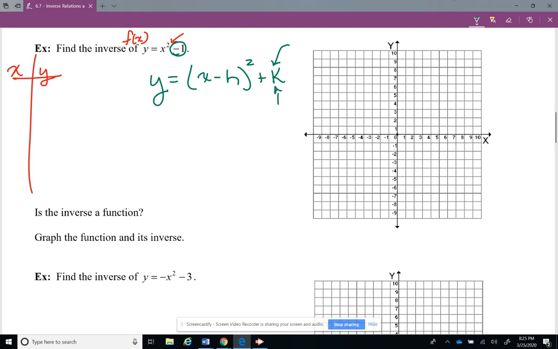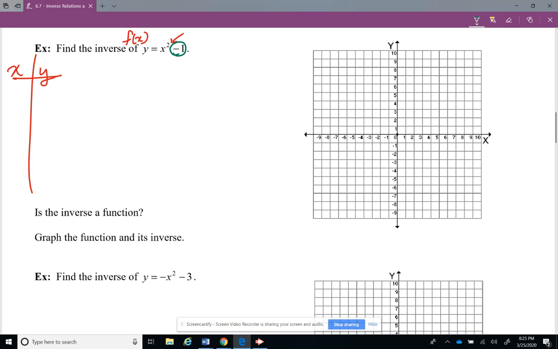Okay, so that -1 tells me I'm going to go down 1. Okay, but since there's nothing inside parentheses, because there aren't any parentheses, you're not going to go left or right. If we were going to go left or right, remember, inside the parentheses is a liar. That minus h tells you you're going to do the opposite of what you think you're going to do. So we'll wait till we have one like that before we do that. But that's just a refresher because we did that months ago and you might have forgotten.